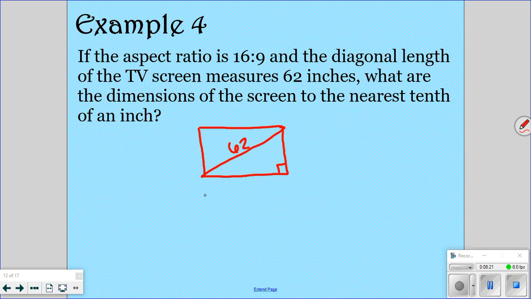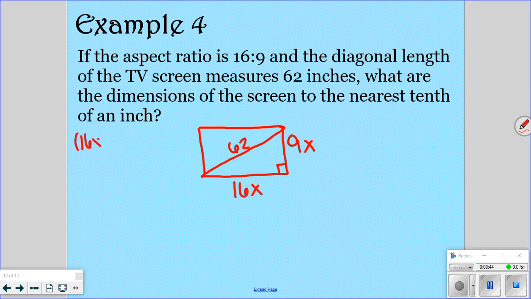And then the aspect ratio means that we're going to have one side length that's 16 times some variable, and the other one is going to be 9 times some variable. And then from there, you're just going to use the Pythagorean theorem.